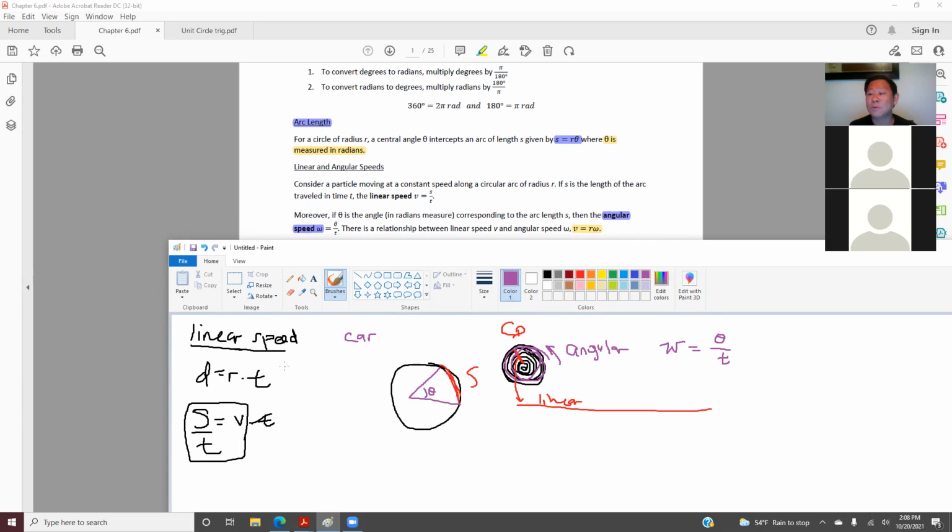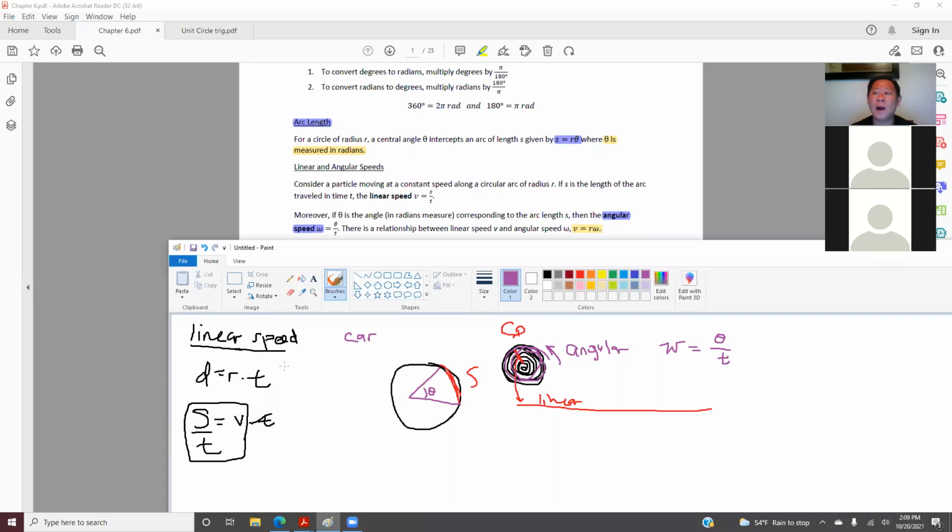And on the other side you will see RPM, revolutions per minute. That is how fast your engine moves, the pistons inside the engine going up and down. It's kind of angular because it rotates in a circular way. So the car is another one that also uses this.